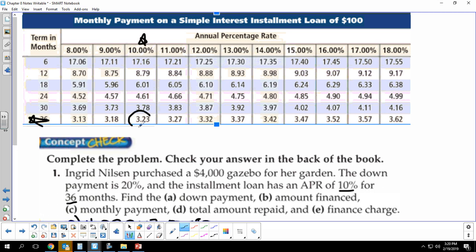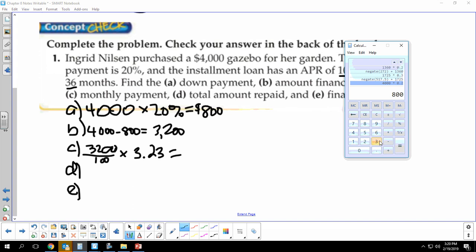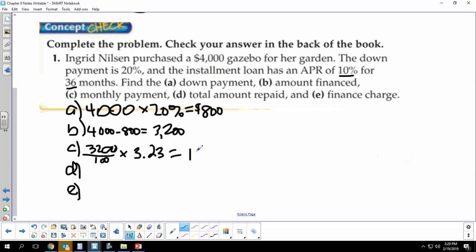So it's 3.23. And then we just put that into our calculator. 3,200 divided by 100 times 3.23 equals $103.36.